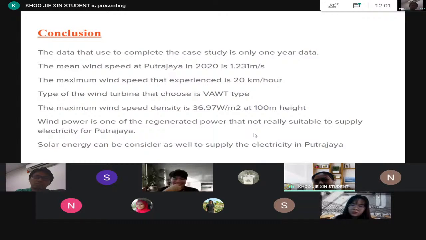One kilometer height is not used because the wind speed is too low at 1 kilometer elevation.